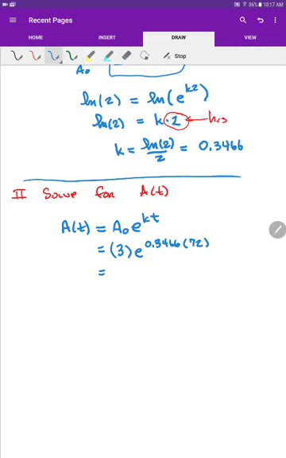Okay, I calculate all this, and if you put this in your calculator, you're going to end up with 250,813,369 grams, which is a lot of material.